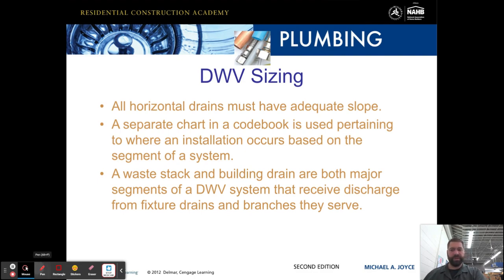We want to make sure that when we flush a toilet that it goes downhill. We don't want to worry about this not going downhill. That's just not good. A separate chart in the code book is used pertaining to where an installation occurs based on the segment of a system. Waste stack and building drain are both major segments of a DWV system that receive discharge from fixture drains and branches that they serve. And we covered this in previous slides.